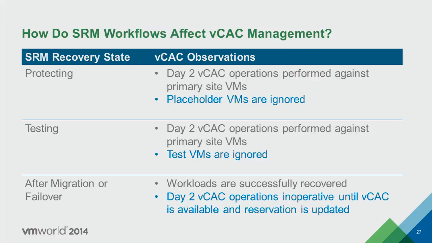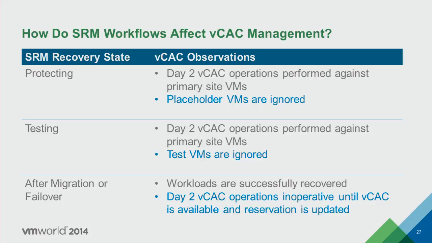VCAC sees two virtual machines that look to have the same name, and it doesn't know what to do with this one that's suddenly magically appeared, and then magically disappears when you end the test. In the 5.5 and 6.0 versions, we fixed that, and we have a managed-by property that we set now, so that if VCAC sees the test VM, it knows that it's SRM doing a test failover. So that's okay.